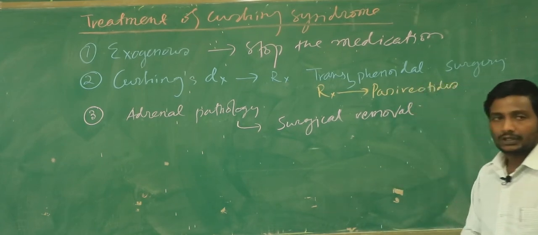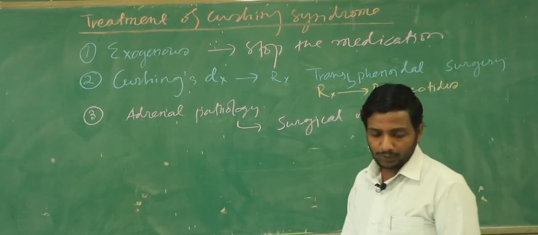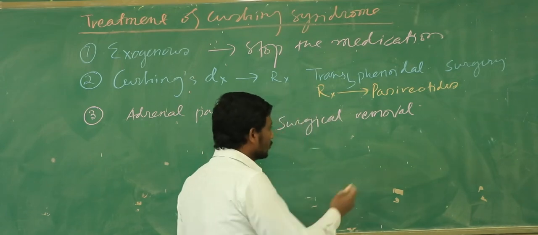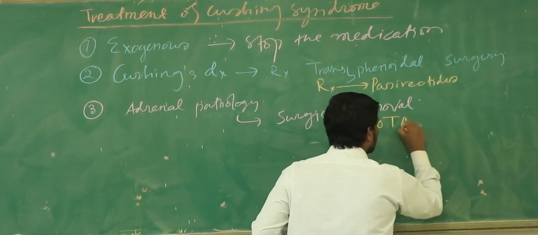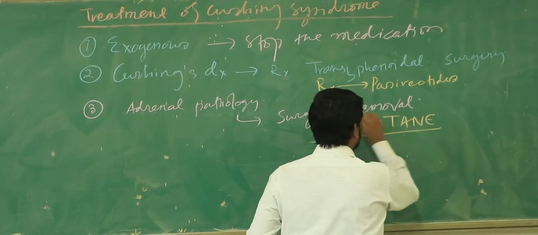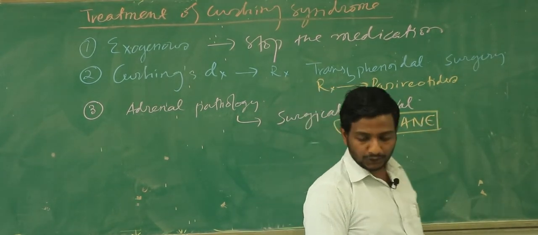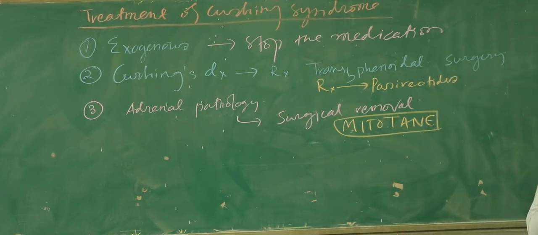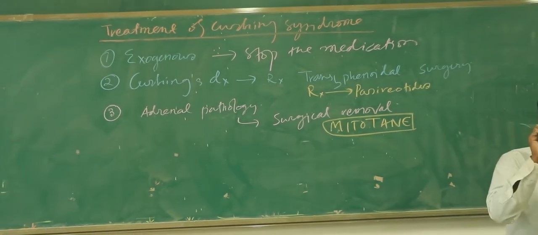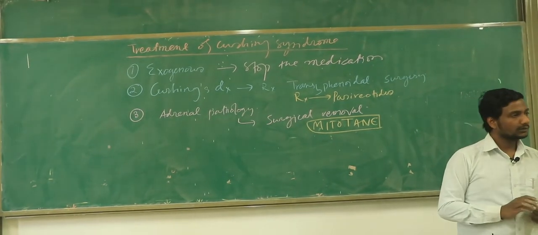And if the surgical removal cannot be done, then there is one drug, we call it mitotane. All of you write this down. Mitotane. This drug mitotane is also sometimes used. What is mitotane? This drug is having two jobs. Number one, it can kill the adrenal cancerous cells.